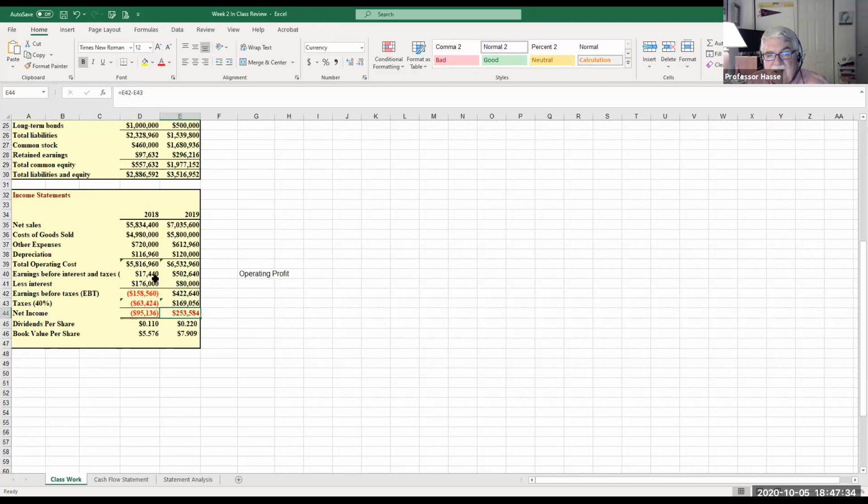What do I mean by operating profit? How is it different from net income? And also, keeping interest and taxes separate. The operating profits of this company serve its primary purpose as a company, providing goods and services to their customers.